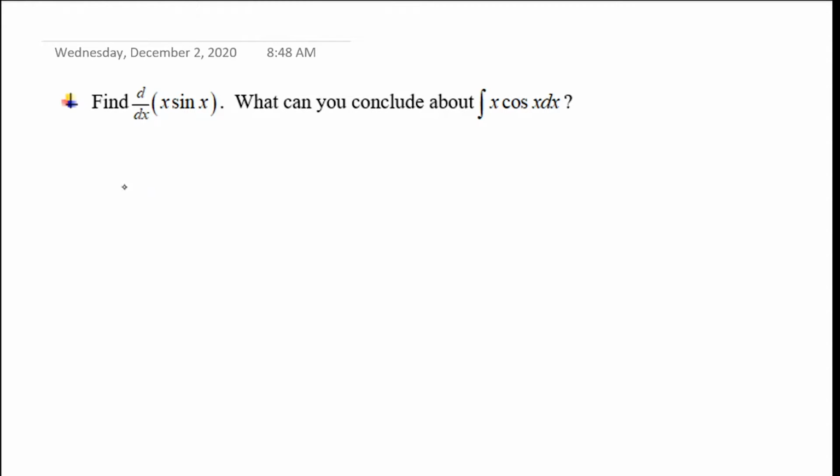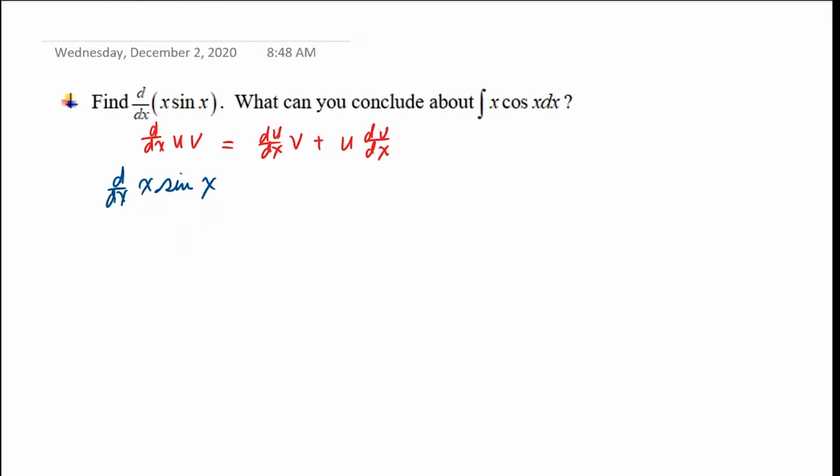So if you are differentiating x sine x, let me remind you of what this was. This is u prime v plus u v prime, isn't it?